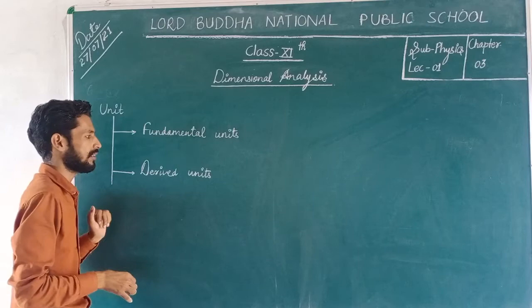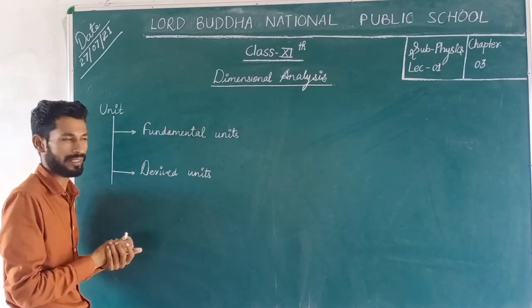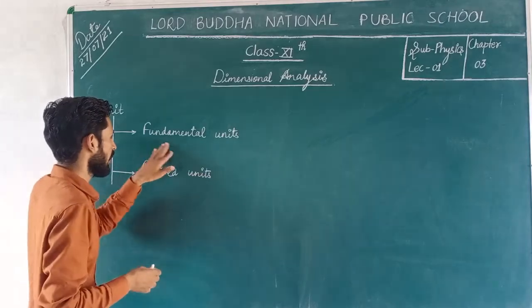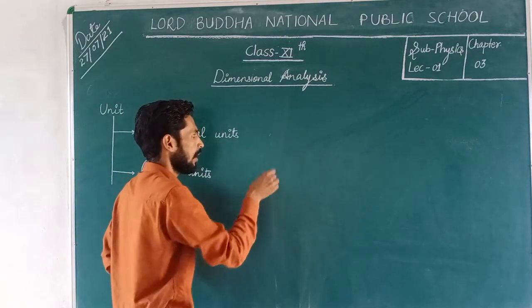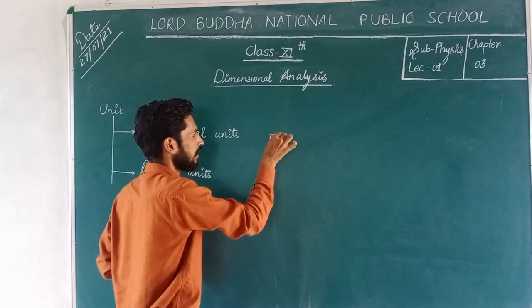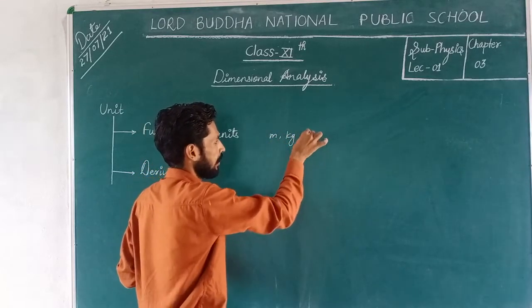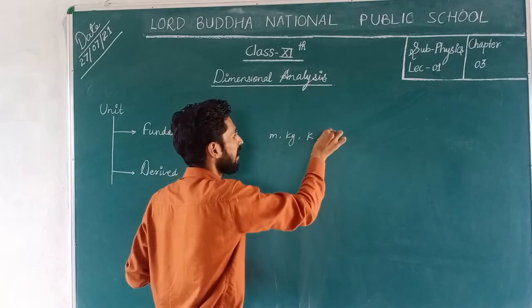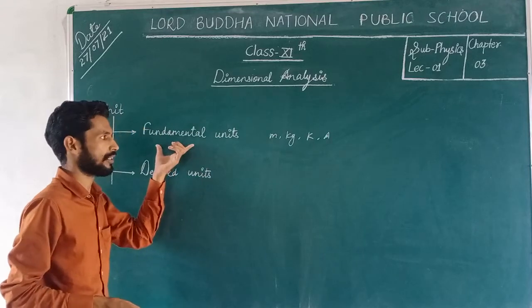These types of units depend on the fundamental units. For example, in the fundamental units there are 7, and suppose meter, kilogram, Kelvin for temperature, ampere, and all the units are the fundamental units.